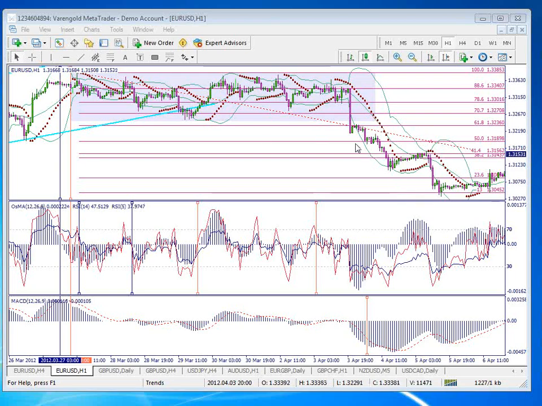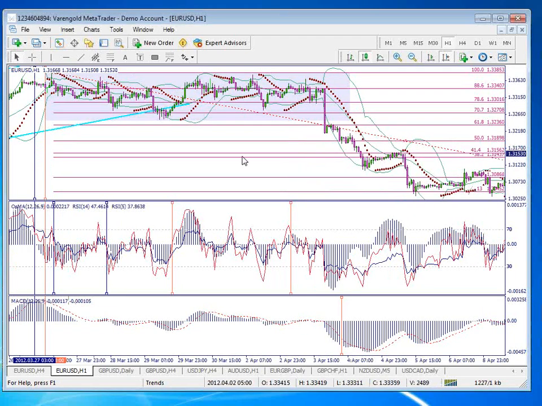And we can see that we have a difficult situation for trades in general. We have small swings in number of pips and in number of days, and this is because we have uncertainty in the market from a fundamental point of view and also from a technical point of view.